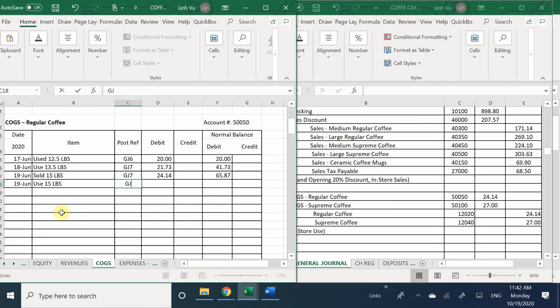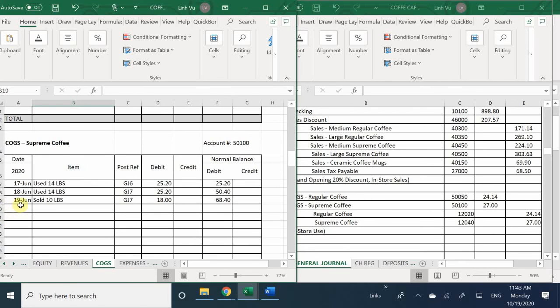Am I still on 8? Right? How much did I sell it for? $24.14. Making my new total to be how much? $90.01. Good.